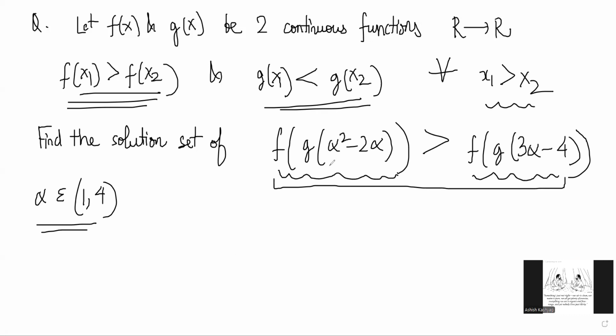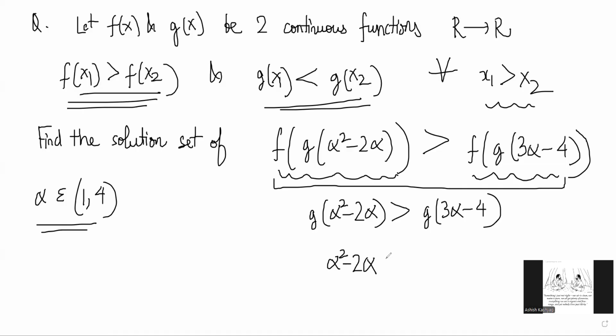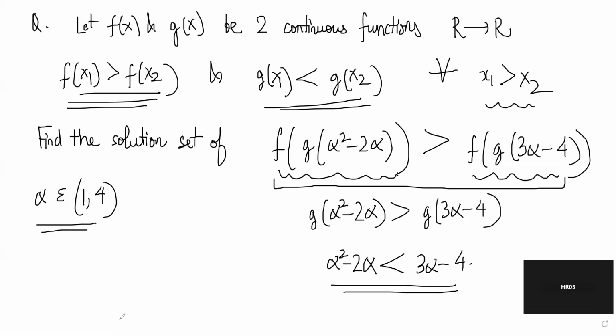If you remove f, it should come as g of alpha square minus 2 alpha is greater than g of 3 alpha minus 4, because f was increasing. After that, g is decreasing, so from this alpha square minus 2 alpha should come, and the sign should reverse here. I hope everyone is understanding. Yes sir. And after that the question is solved, this is the answer.